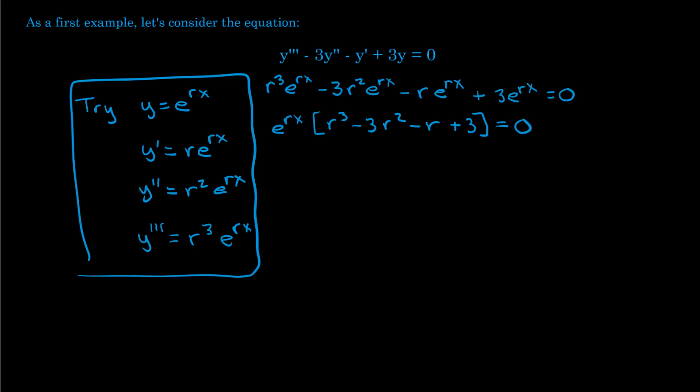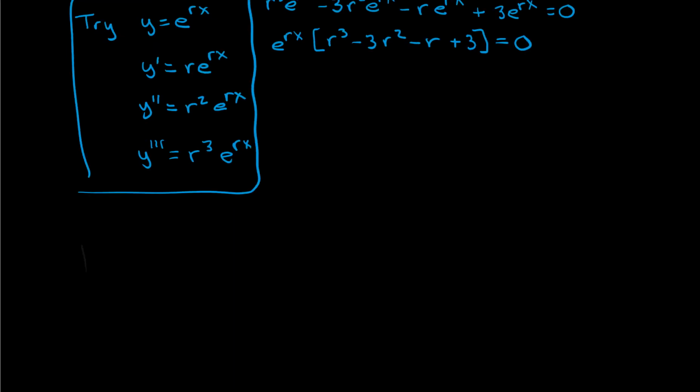This is where the idea of rewriting second order linear differential equations as r squared, r, and then a constant actually comes from, just in case you haven't seen this elsewhere. Okay, now we have this situation and we know that one of two things has to be the case. Either this factor or this factor has to equal 0. When you take two numbers and multiply them together, one of them has to be 0 if the product is 0.